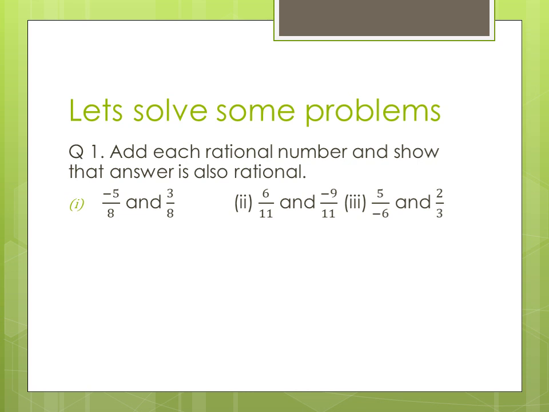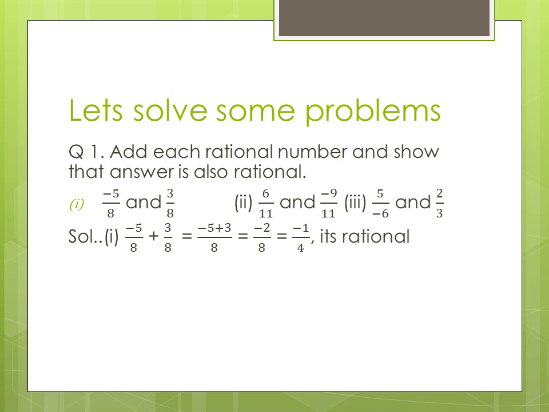So no need to multiply or divide by any number. We simply write 8 here and add the numerator part. Minus 5 plus 3 will give us minus 2 by 8. So the answer is minus 1 by 4. It is a rational number, so that is what we have to check.